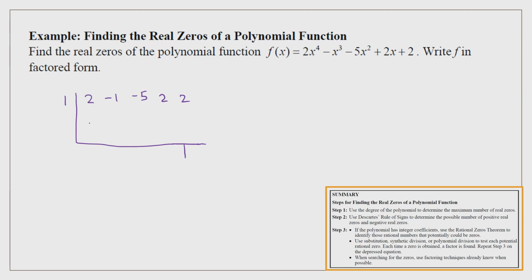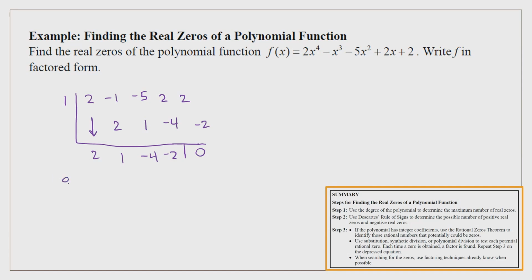All right, so let's do the process. Bring 2 down, multiply it, add, multiply, add, multiply, add, multiply, add. So 1 is a factor, a real 0 of f of x.